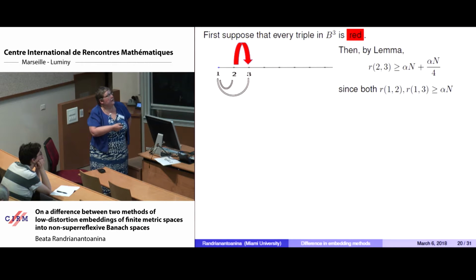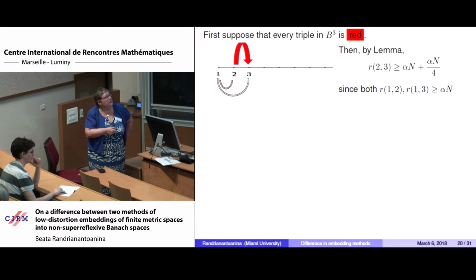All the previous ones are, of course, greater than alpha n, because the definition of Rij is always, I am summing until I reached at least alpha n, and I am summing things which are of norm 1. So at most 1, so I need at least alpha n, and then plus that step, which is the separation, the largest minus the smallest.